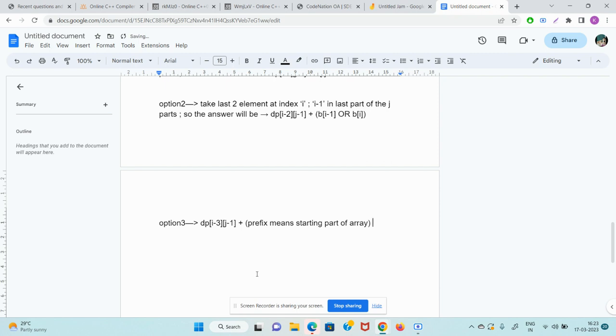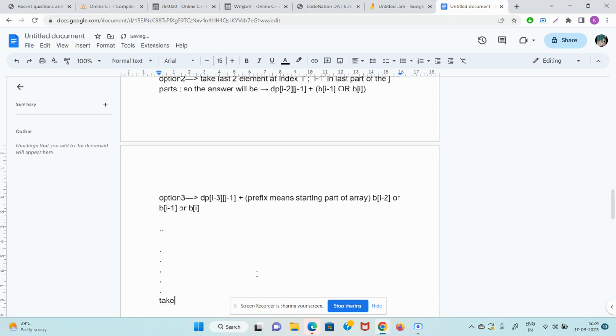Plus B of i minus 2 or B of i minus 1 or B of i. Like this, we have n options, many options. In general, take the maximum of all options. That is your answer for dp i of j.